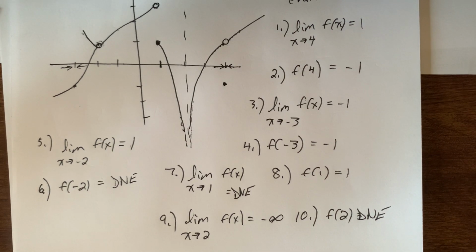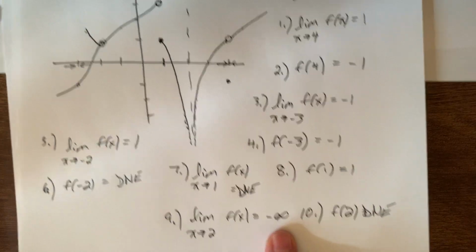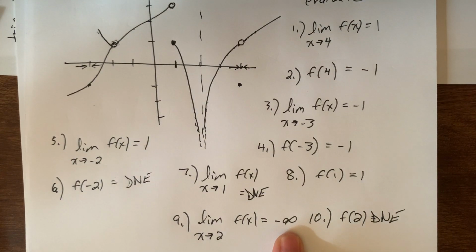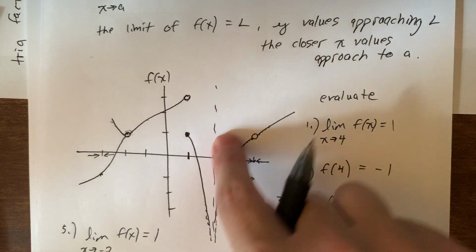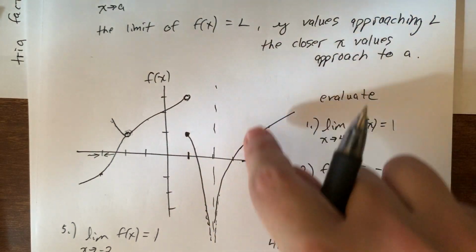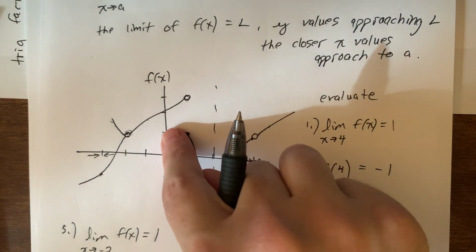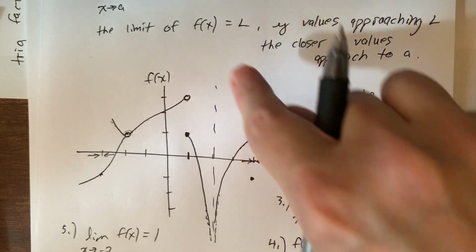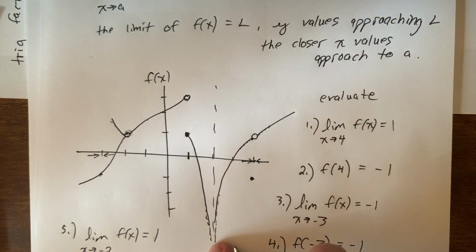Now, just before we jump to the next bit of notes, realize that not all vertical asymptotes give you a limit of positive or negative infinity. You still have to go to the same place. So in this one, if this shot up while this came down, from the left we'd be going up to positive infinity, from the right we'd be going down to negative infinity.